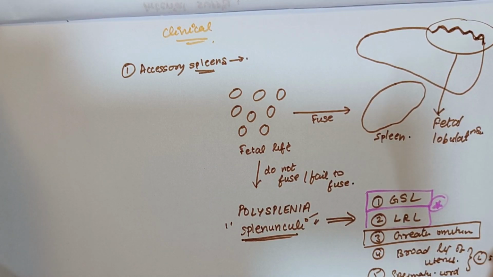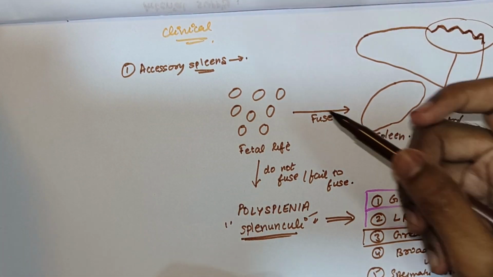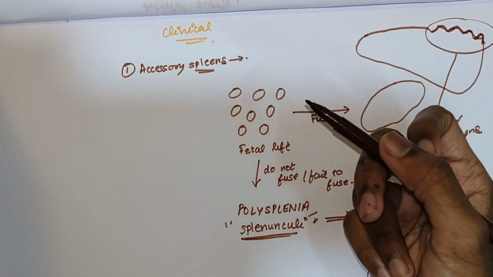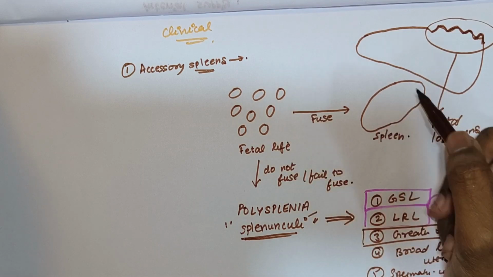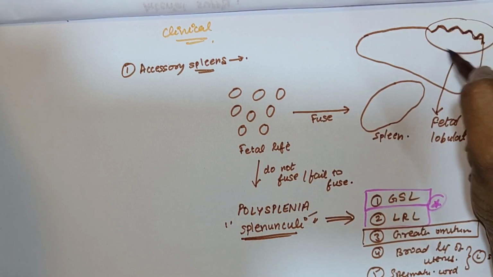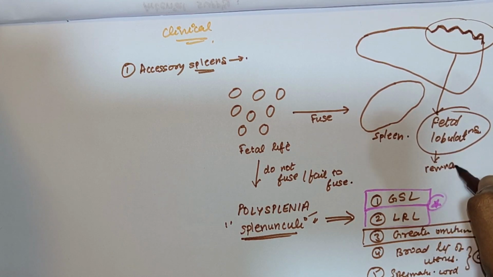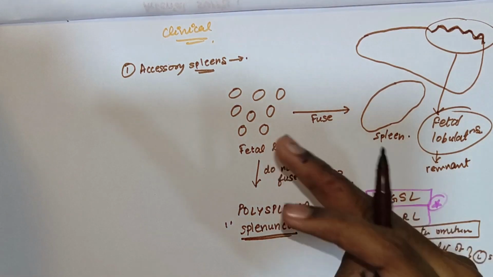Now, why are these lobulations present? As I've already told you before, in fetal life, the spleen is present in the form of small splenunculi or mesenchymal condensations, and then they fuse together to form a single spleen. So this is basically a remnant of the mesenchymal condensations that were seen in fetal life.